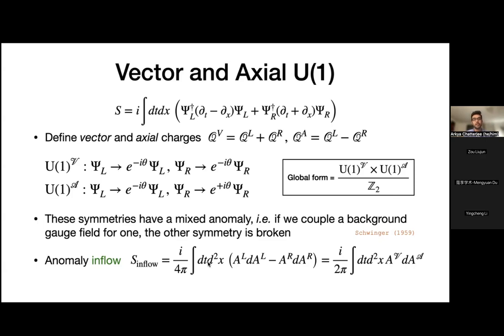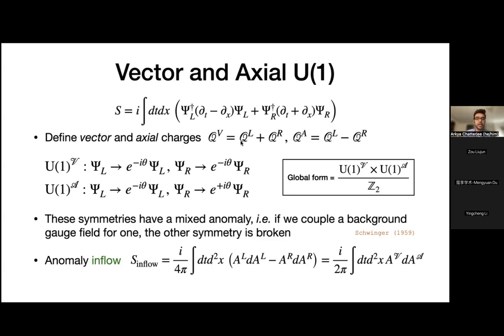You take your theory in some d dimensions, you try to couple a background field, you break gauge invariance for those background fields, but then that gauge invariance is cured by coupling to a bulk, which also has the opposite kind of breaking of gauge invariance.